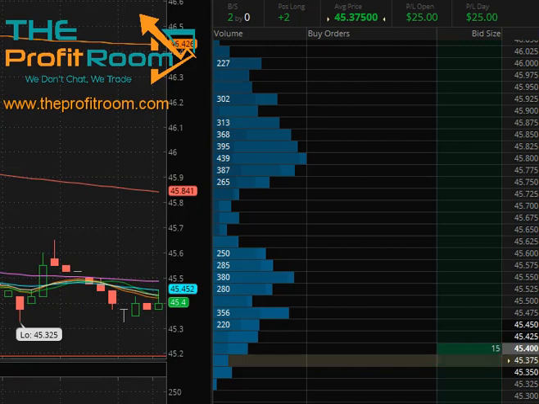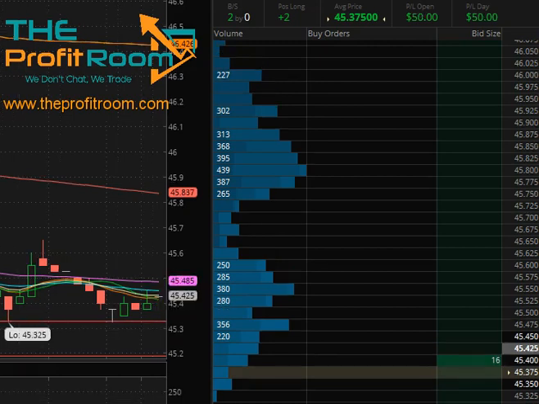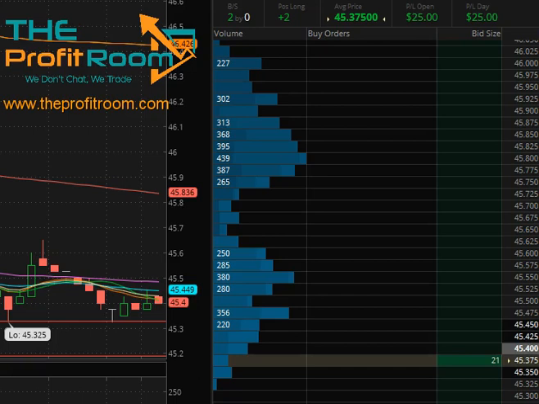See the little candle rejecting some moving averages, which is common, but as long as it holds this base, we should be good. Now, if it falls back into the base, as an advanced technique, I will possibly add a third contract. But now I don't want to add a contract. I would just want the two contracts to work.